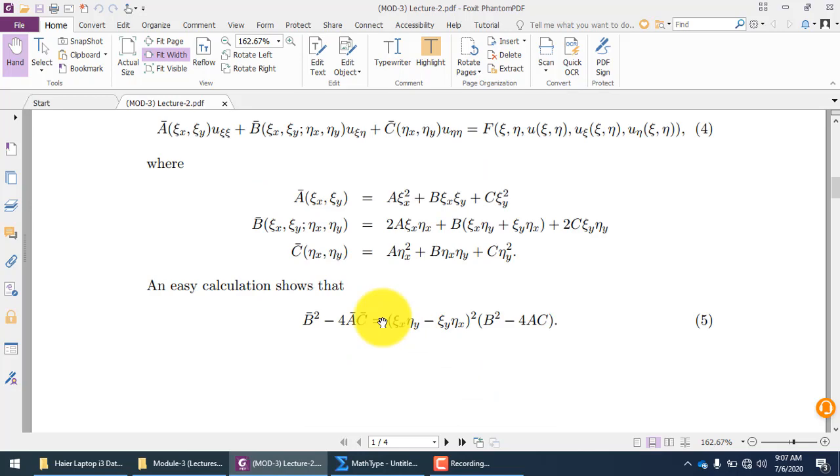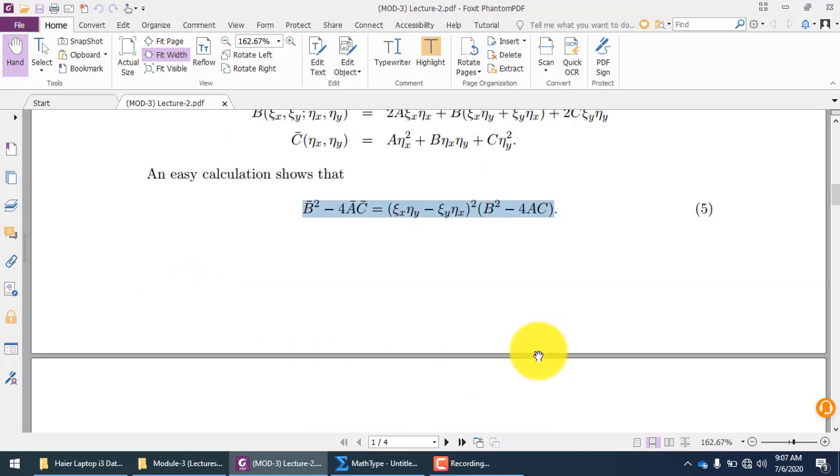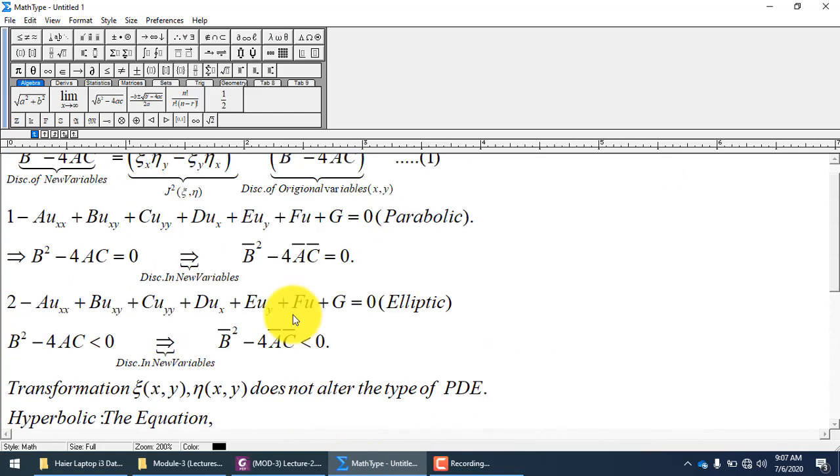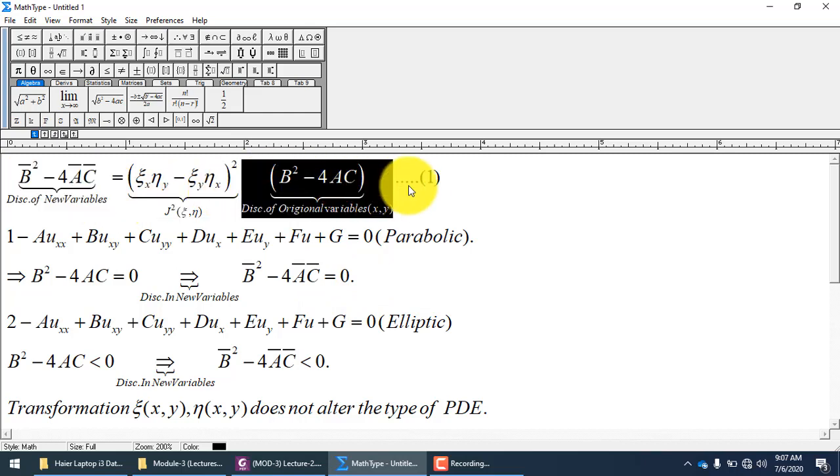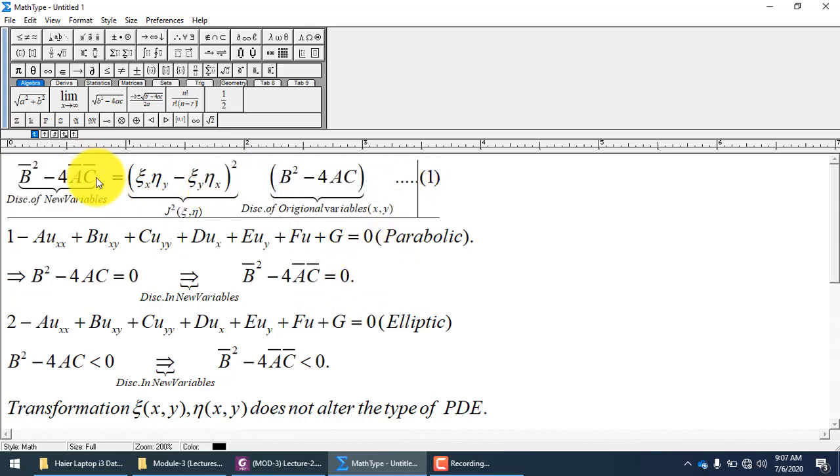And we know that the transformation xi and eta does not change the type of your partial differential equation, as I have explained earlier. If your partial differential equation is parabolic, after the transformation it will remain parabolic, because the relation between the previous discriminant and the new discriminant is given by equation 1.